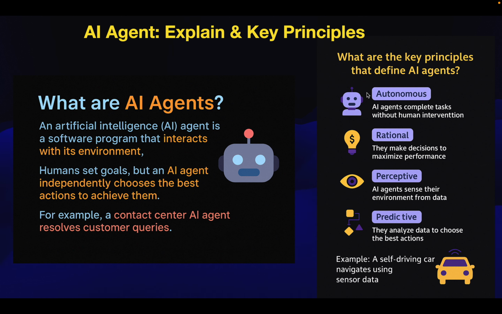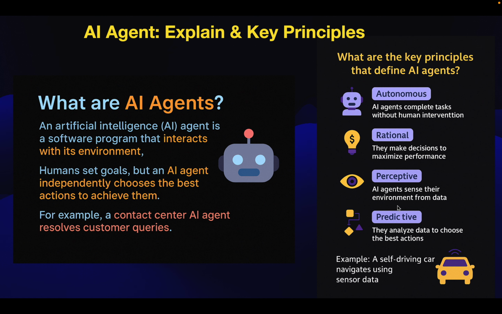These are the four key principles of an AI agent, and we will keep this super simple. The first is autonomous: an AI agent does not need babysitting, it completes tasks without human help. Second is rational: they always try to make the best possible decision to get the job done effectively.